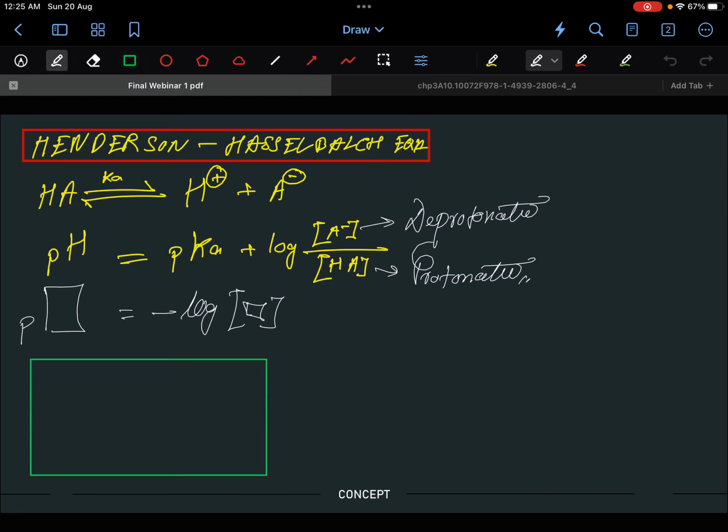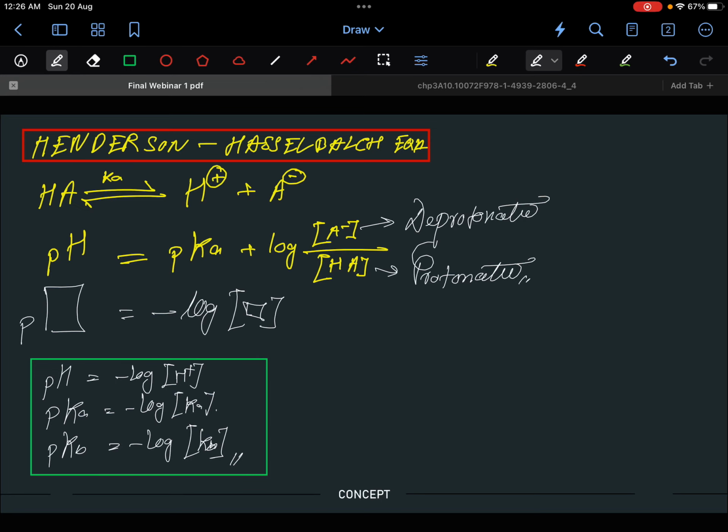So pH is equal to minus log of the concentration of H plus, and pKa is equal to minus log of Ka, the dissociation constant of the acid. Similarly, there is a dissociation constant of a base also, so pKb is equal to minus log of Kb. So this is the concept of P: minus log of something.